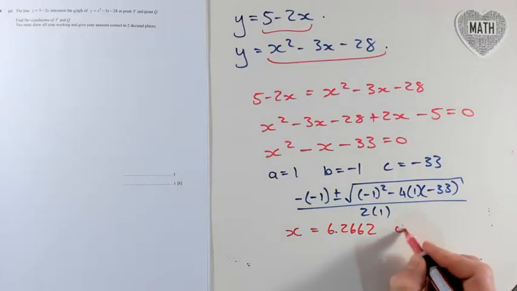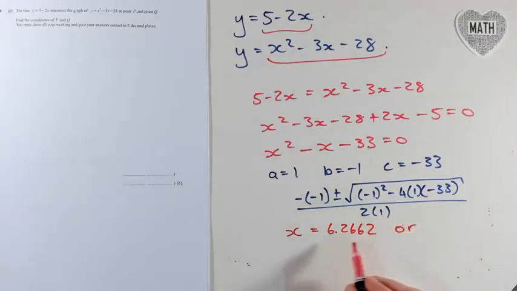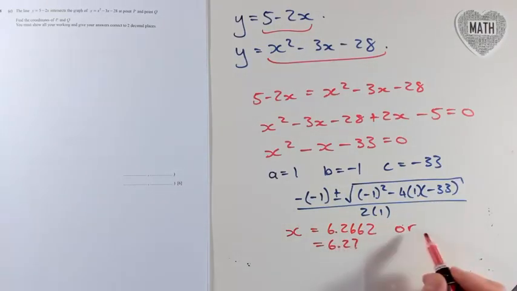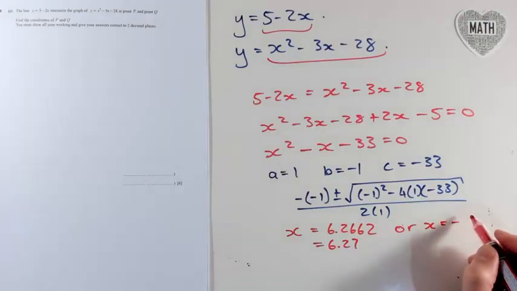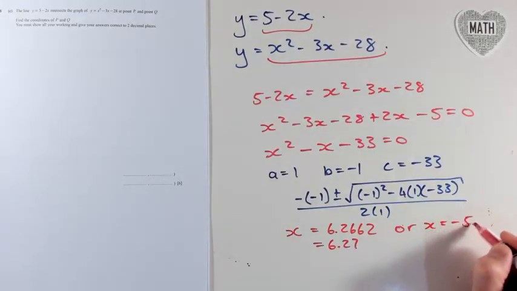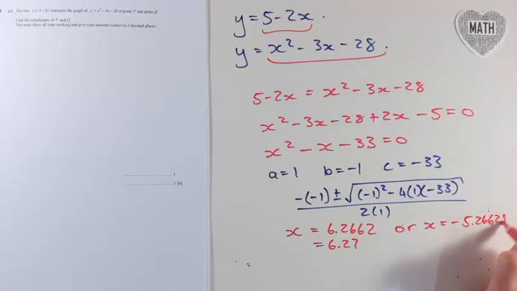x is going to be 6.2662, and to 2 decimal places would be 6.27. The other one is x is going to be negative 5.26628, which would be negative 5.27.